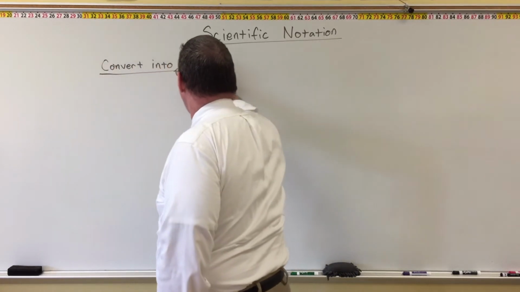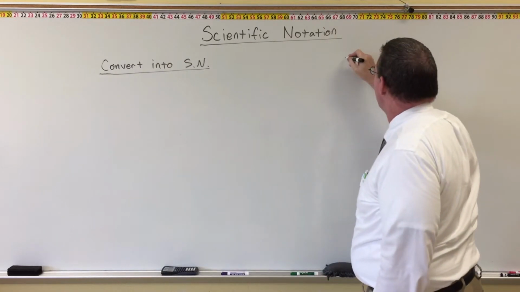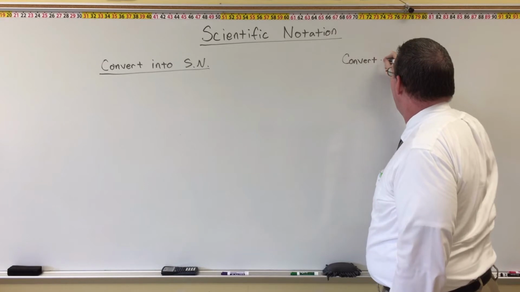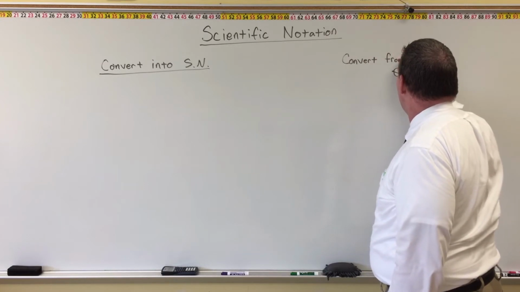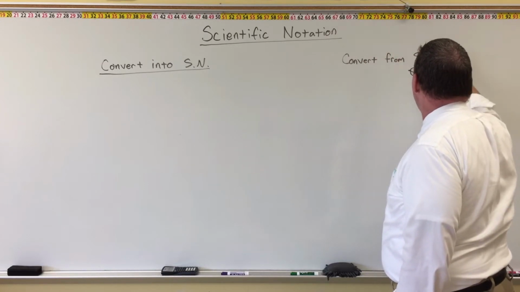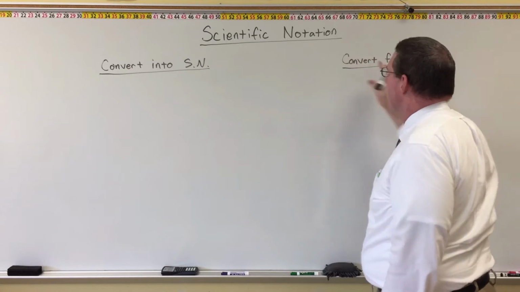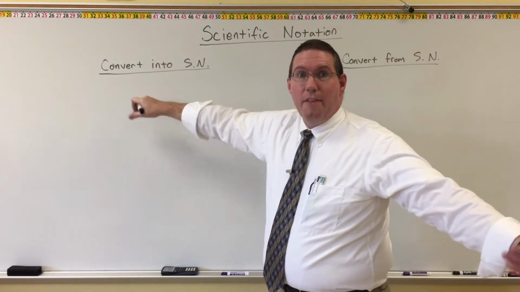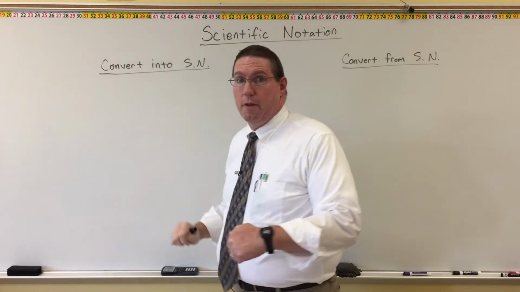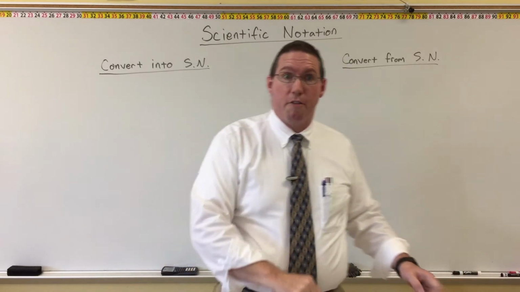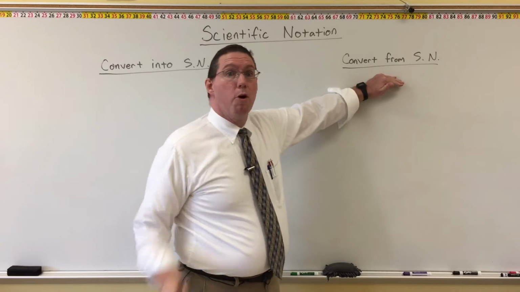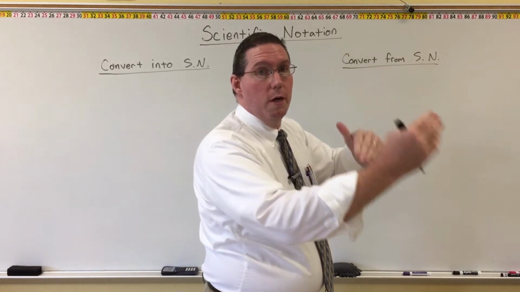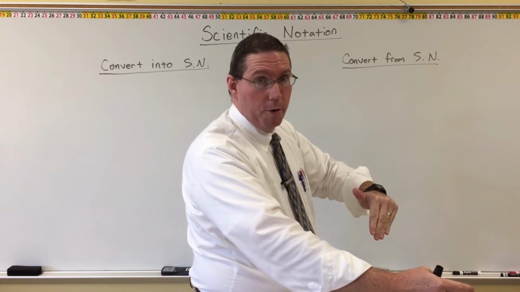The other 2 kinds of questions are going to be to convert from scientific notation. So we have two situations. We start with a number, and your answer is scientific notation. Then two kinds of questions where I give you a number in scientific notation, and you turn it into the actual number.